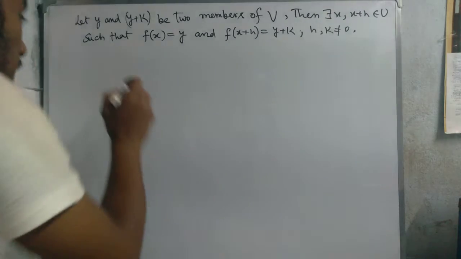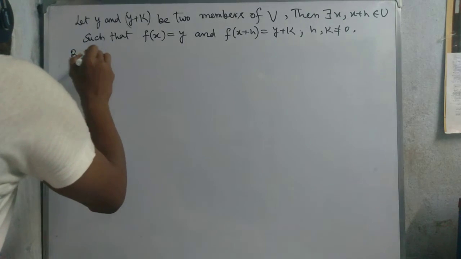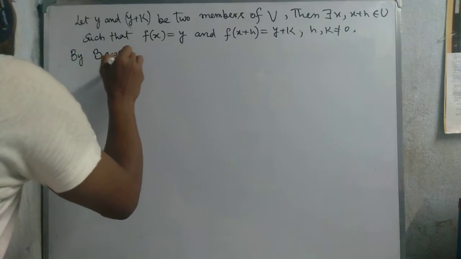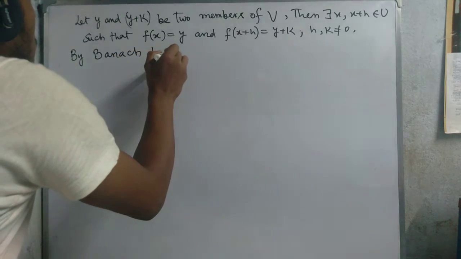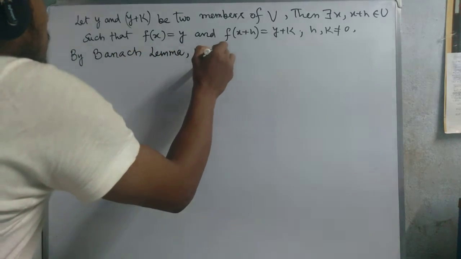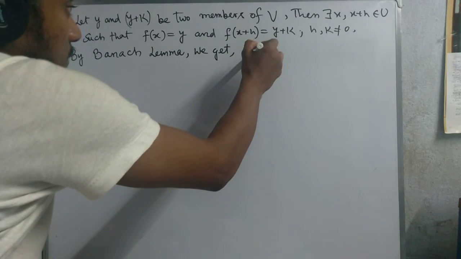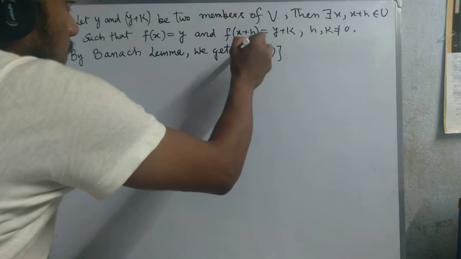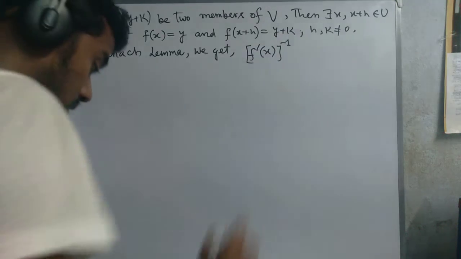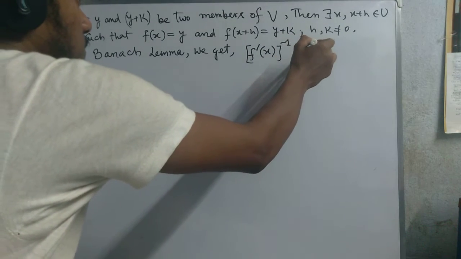By the Banach lemma, we get that f dash whole inverse exists.